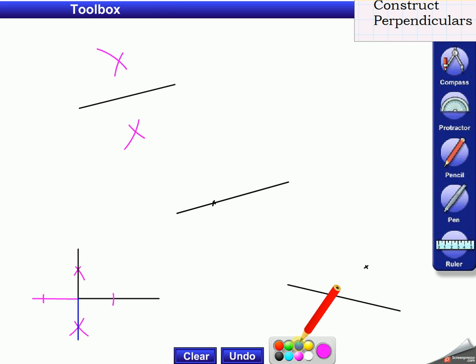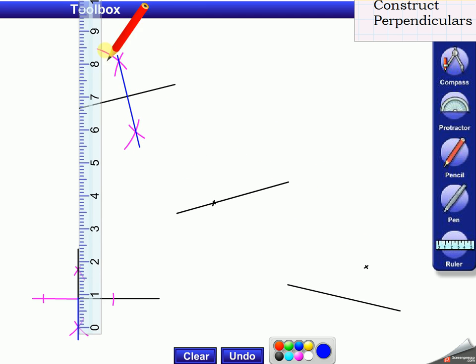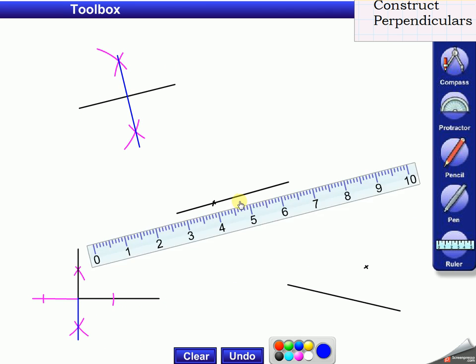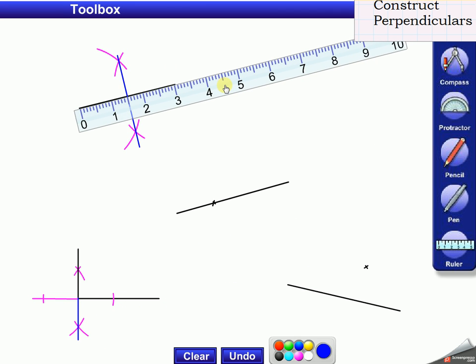Take my pencil and I put a line through at right angles. This creates a right angle, and it actually also splits the line in two. It's also used in loci to describe a line that is equal distance between 2 points.